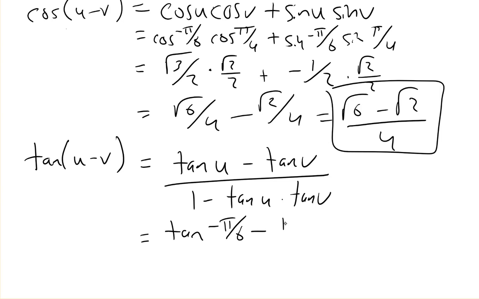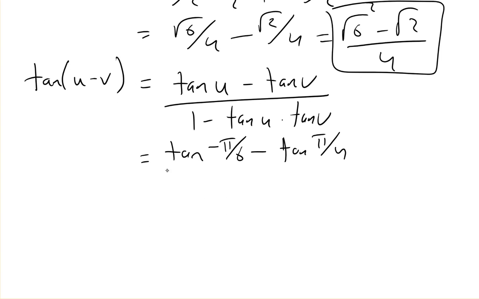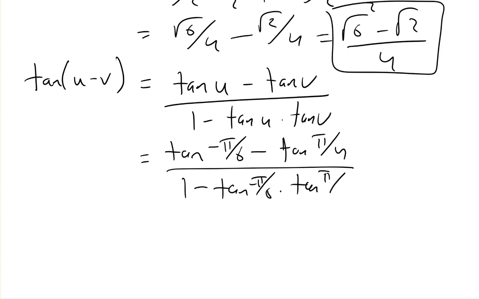V is still pi/4. Okay, so tangent says subtract those two on the top, divided by 1 minus those two multiplied on the bottom.